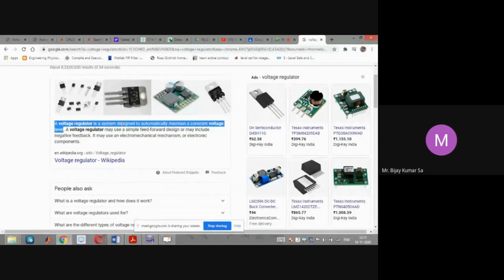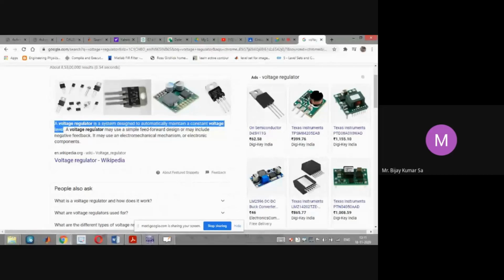A voltage regulator is a system designed to automatically maintain a constant voltage level across what? Across our appliance. Our appliance is going to act like a load in this circuit. So we want to safeguard our appliance against what?